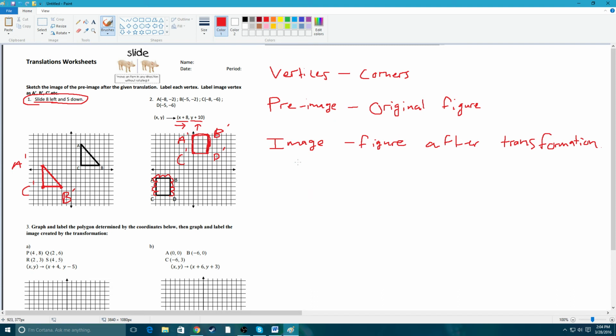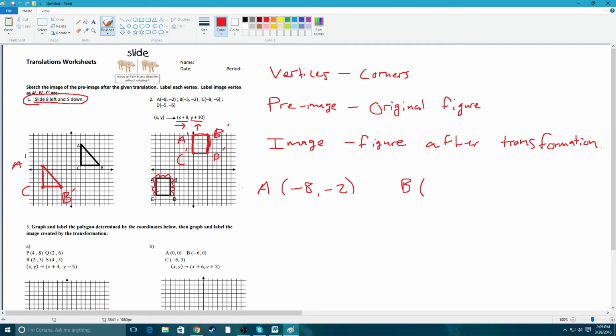There is one more way for us to do this. Okay? And the way we're going to do this is we are going to list down the points of A, B, C, and D. So A is located at negative 8, negative 2.